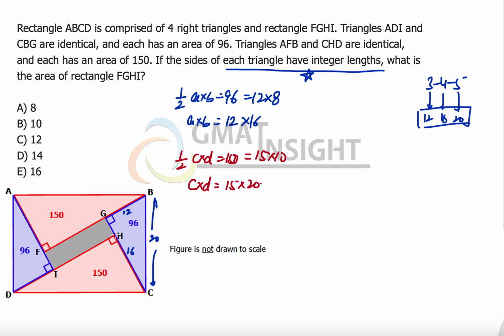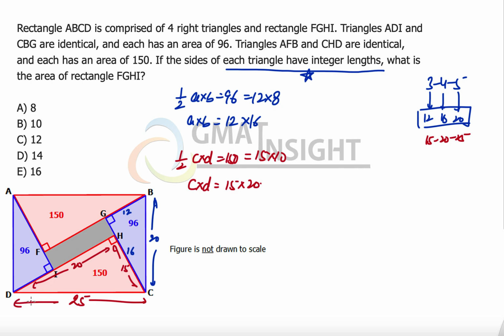So if we say that this side CH is 15 and DH is 20, then the area of this triangle can be 150, and in that case the third side, according to the same Pythagorean triplet 15, 20, 25, this side becomes 25.